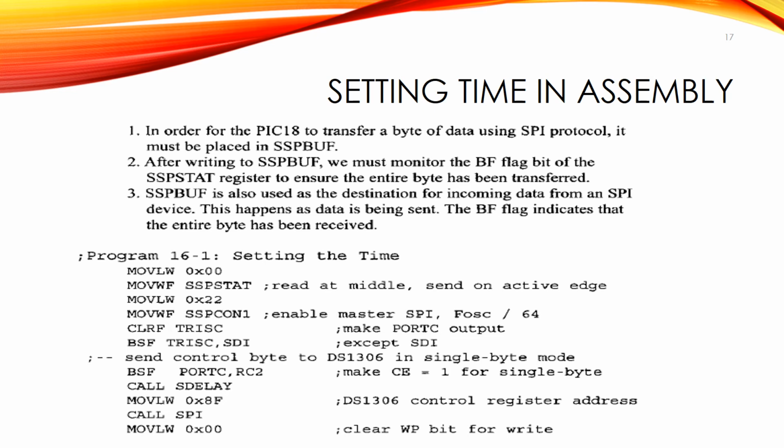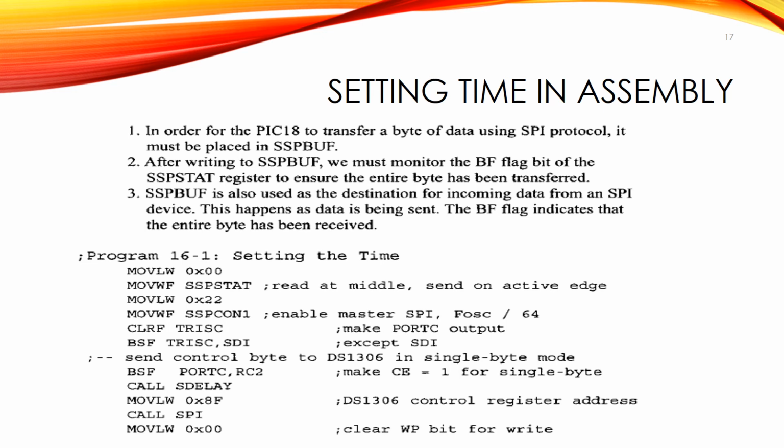These are some of the steps to follow in assembly language. In order for the PIC18F to transfer a byte of data using the SPI protocol, it must be placed in SSPBUF. This is the first thing you have to remember. After writing to SSPBUF, we must monitor the BF flag bit of the SSPSTAT register to ensure the entire byte has been transferred. SSPBUF is also used as a destination for incoming data from the SPI device.